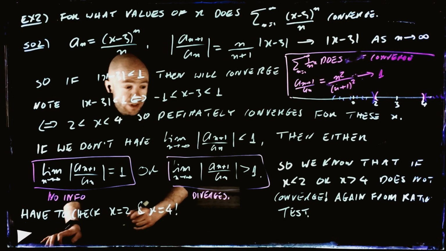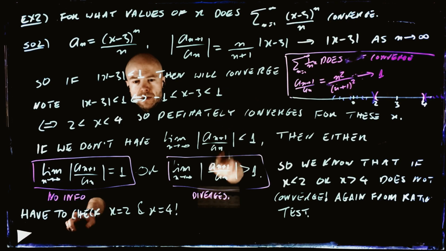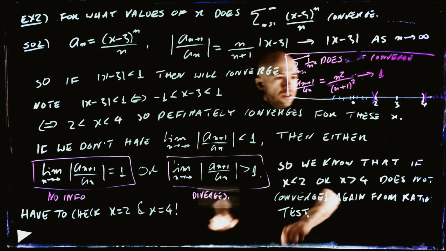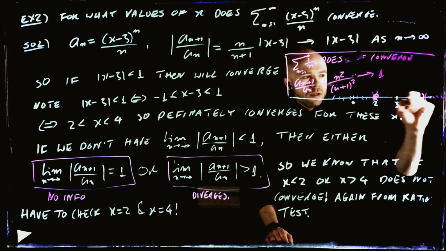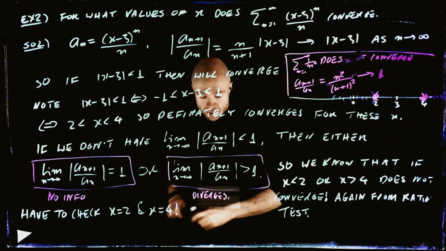It's an easy thing to forget, because it seems like you've got the answer at this point, but you don't. The question asks for all x, and for these two, we don't know. So let's just put them in.